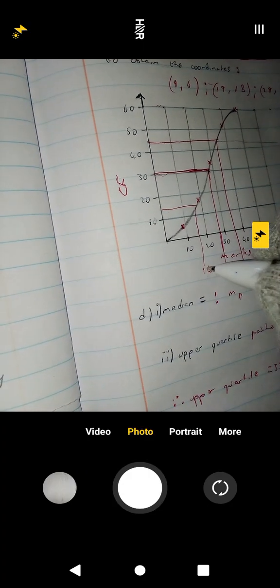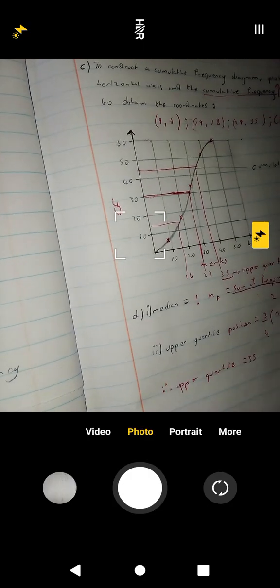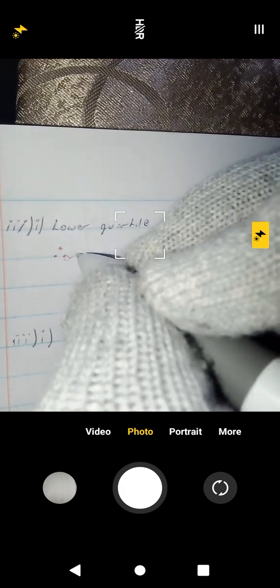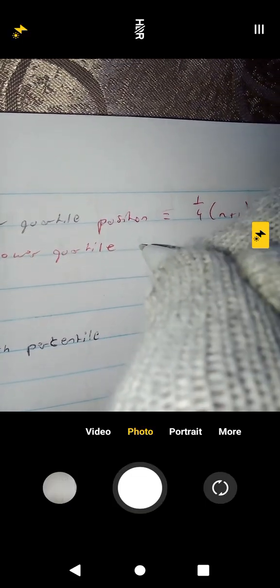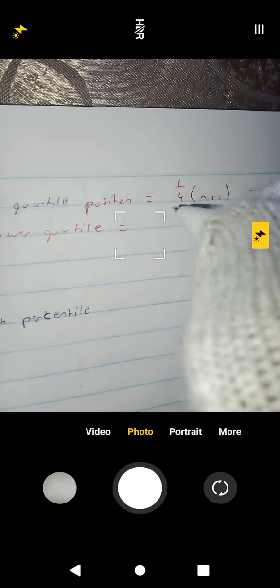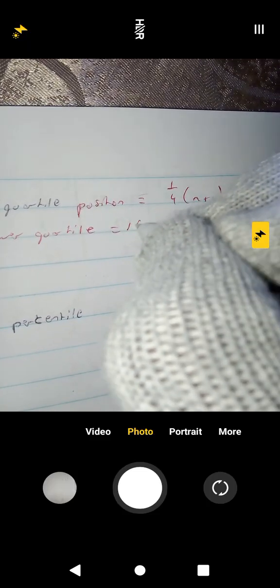So 16 is the lower quartile. So the lower quartile is, we said, 16.